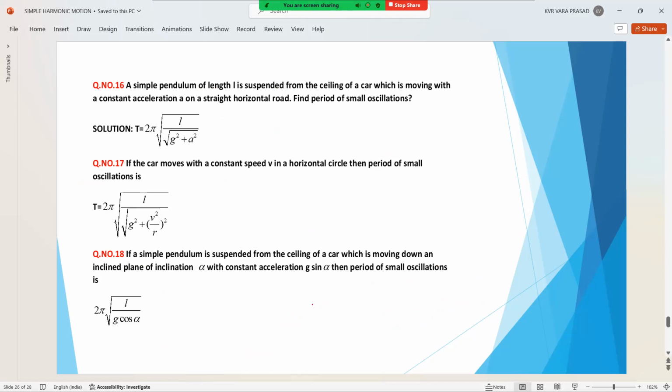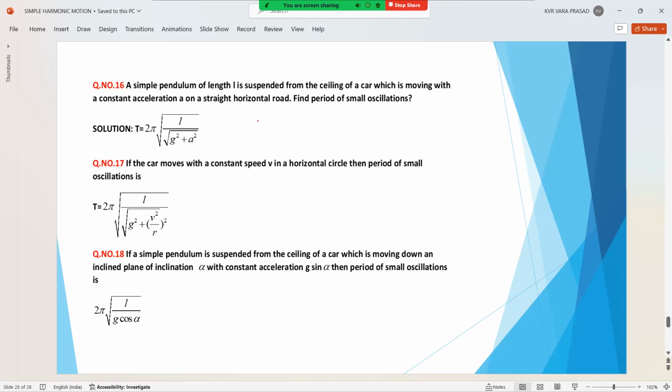A simple pendulum of length L is suspended from the ceiling of a car which is moving with a constant acceleration A on a straight horizontal road. Find the period of small oscillations.